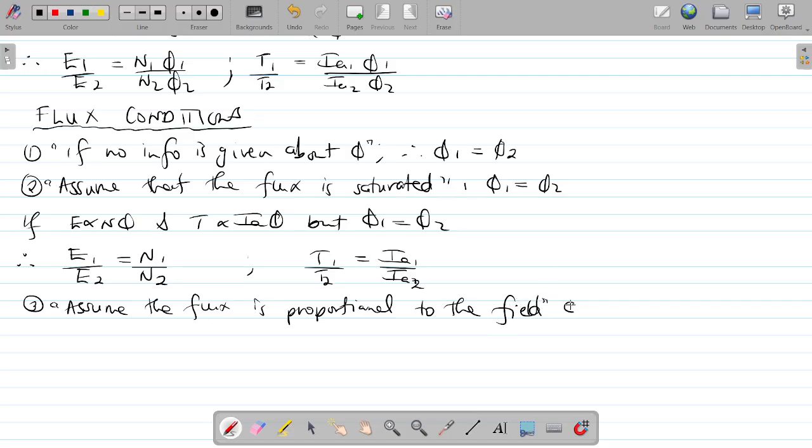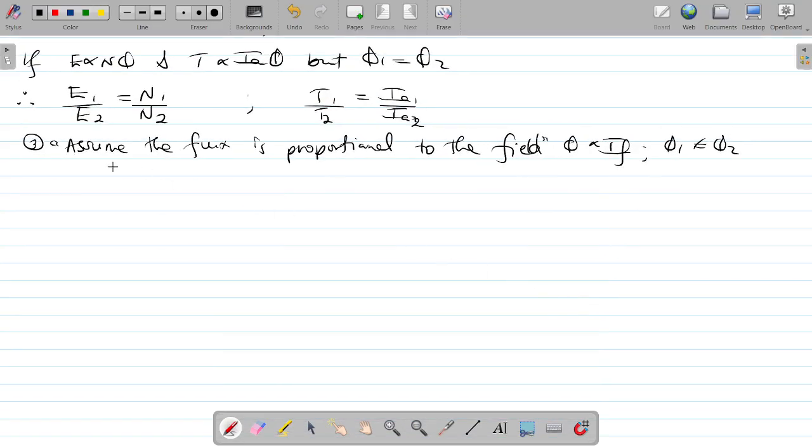So according to this one, it says assume flux is proportional to the field. It's very explicit, it's very straightforward. In this case, flux 1 will not be the same as flux 2, but not necessarily in all cases. And you will see it later in your calculations.